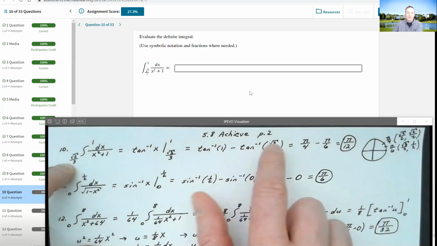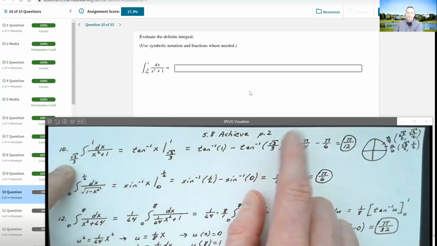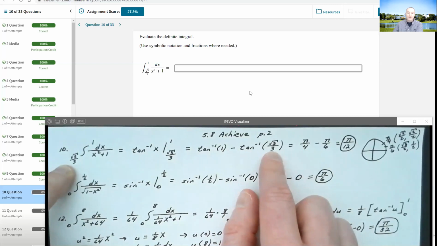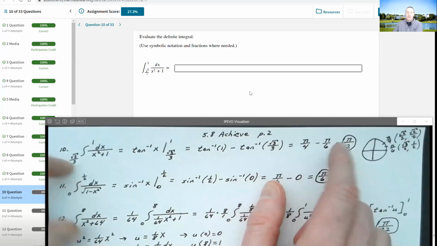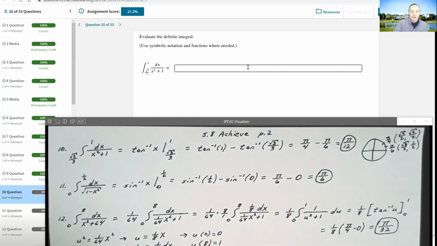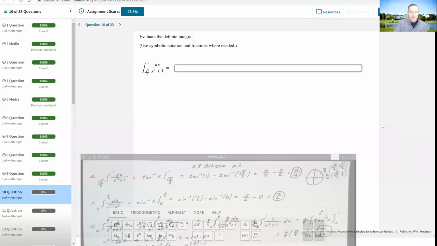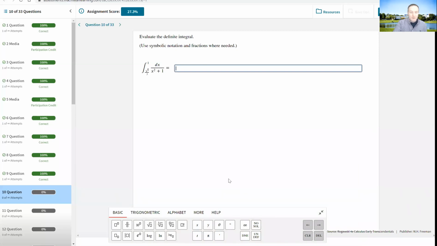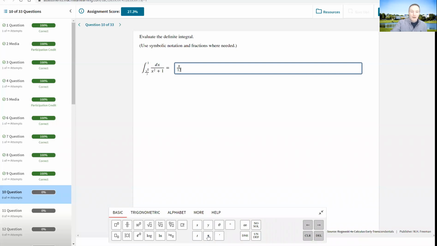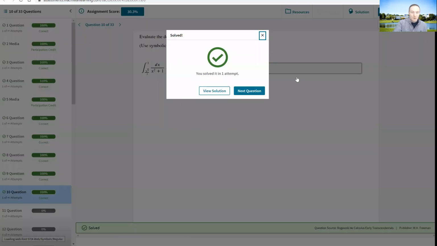There's only these 3 values that we're supposed to know in each quadrant. So now I can say, well, this is just pi over 4 minus pi over 6. I get to my pi over 12 final answer. And please note, it does want exact notation here. So we don't want any wimpy decimals. Pi divided by 12 should be our final answer. Correct.